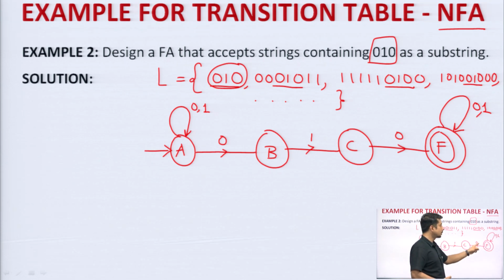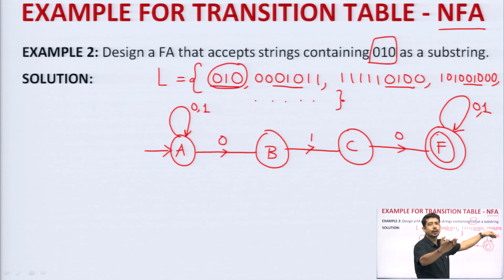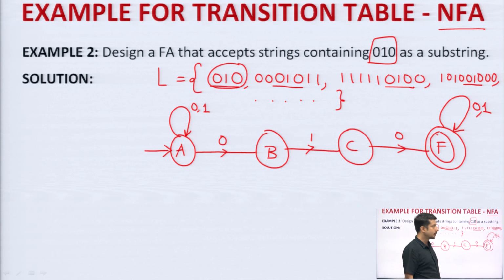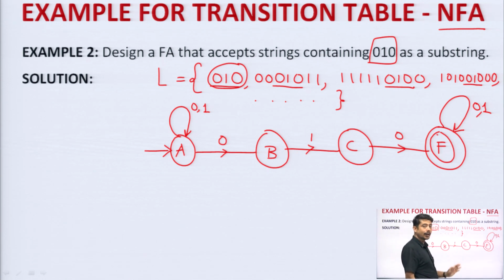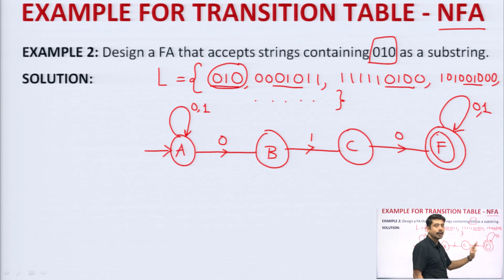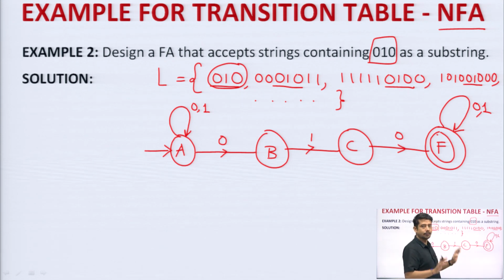So, 0 1 0 reaches the final state, we are done. After 0 1 0 we might also have combinations of 0 and 1, so I have taken a self loop over here. This is the final diagram of the NFA. I have declared this final because I am done with the language part and everything has been done.